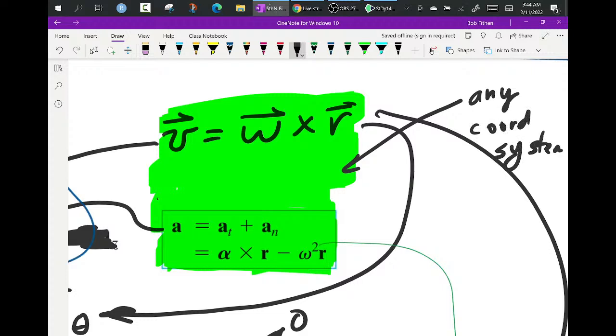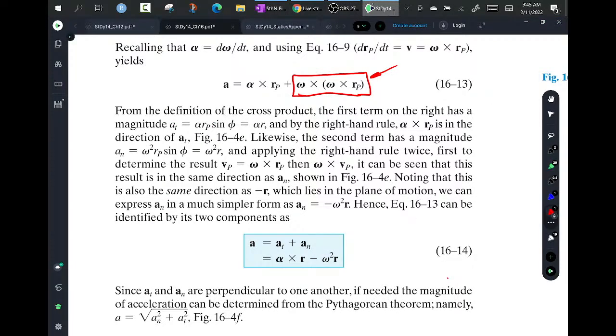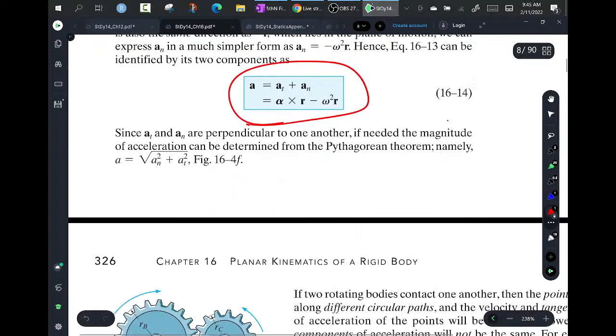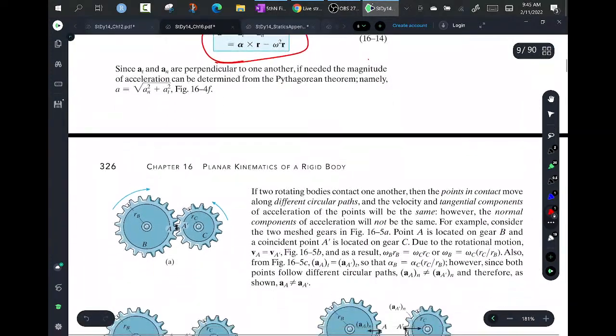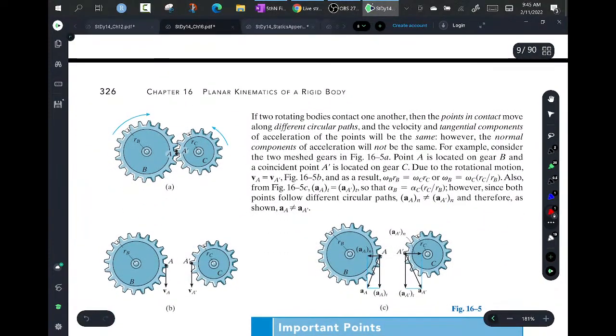Let's see, I'll pop back down to here. So this is the base of it, and what he starts doing now is working cases in which you have two gears. The velocity at these two points is the same. So what's the speed here?